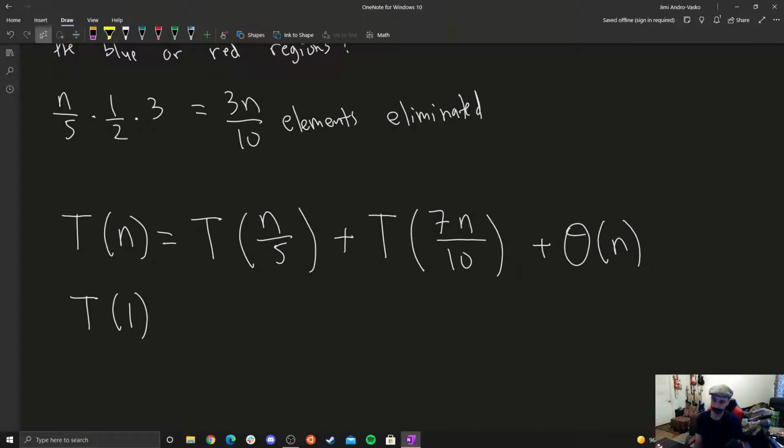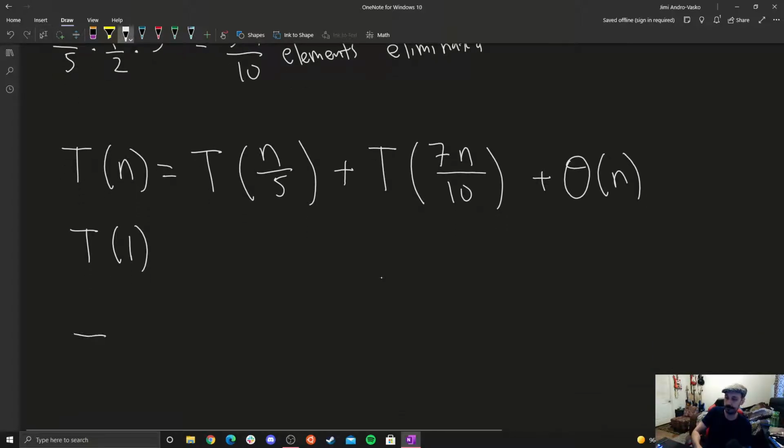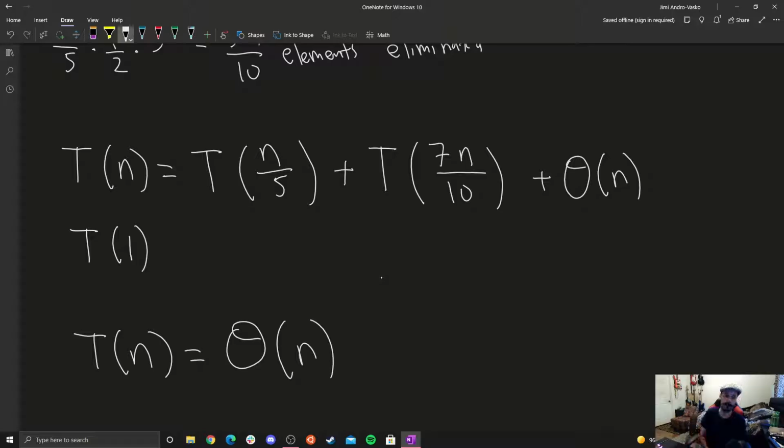So this one, I believe, ends up being roughly 10n, if I remember correctly, which means T of n equals theta of n. This recurrence relation, if we solve it, is theta of n. I believe it's 10n, but that's still n.